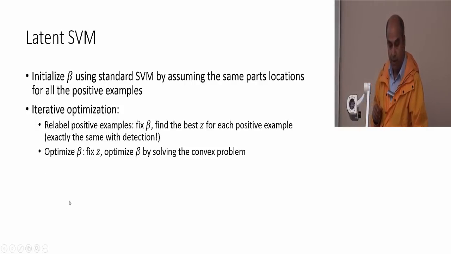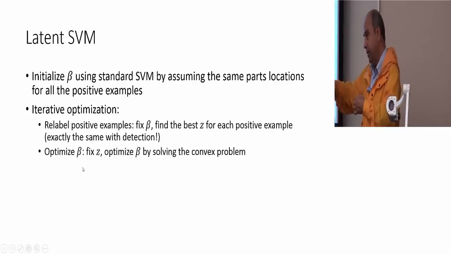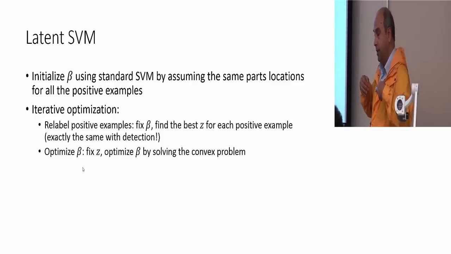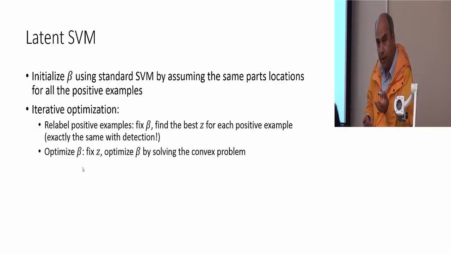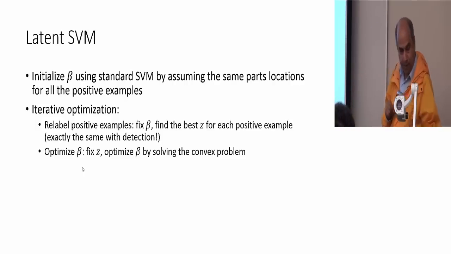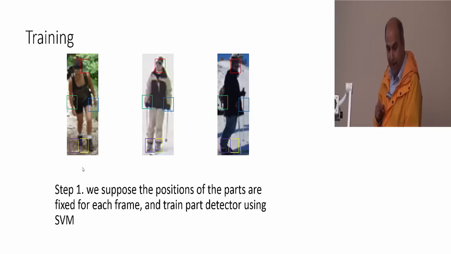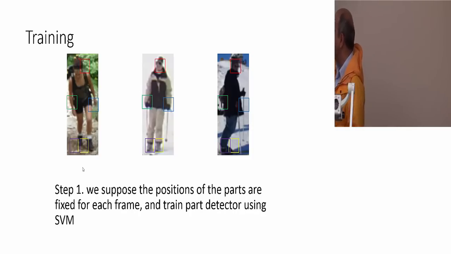Since the Z will be different, the beta will be different, and better. And what is beta again? Anybody? Root filter, part filter, deformation, everything. That's what we want to find. Okay, just hold on one second. So this is what's going to happen. Initially, we will have these parts in arbitrary, fixed places.